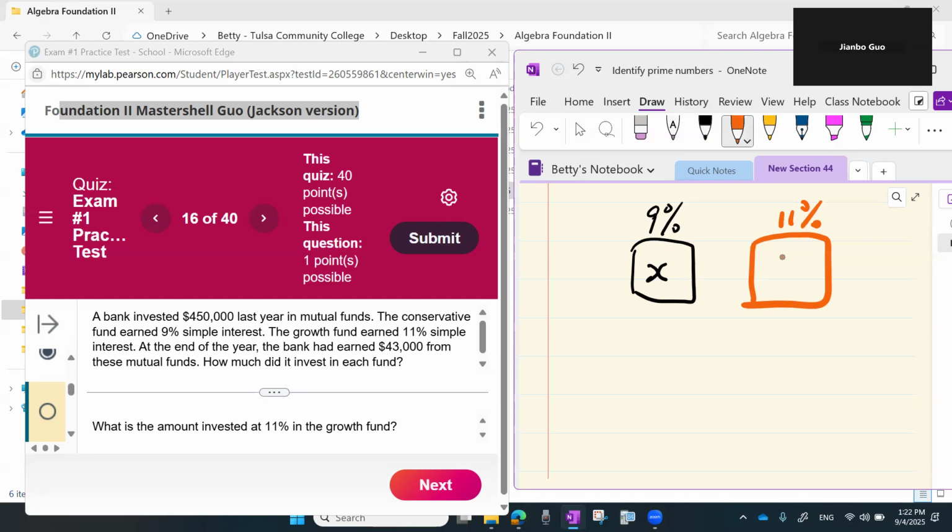Okay, and we let X be the amount of money in the first account. Then how much money is going to be in the second account? In total, the bank invested $450,000, right? So if they invest X dollars in the first box, they should invest 450,000 minus X, that much money in the second account.